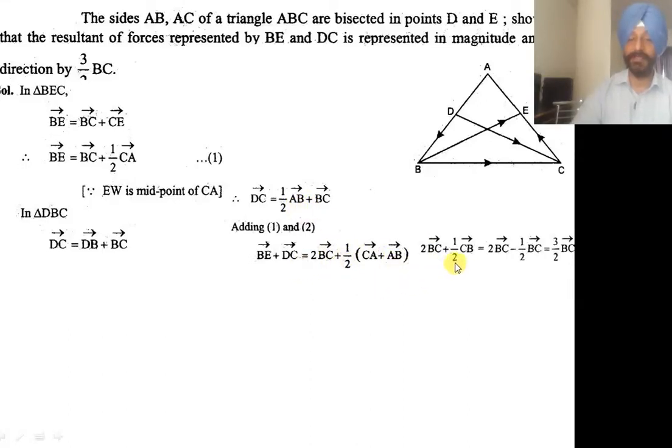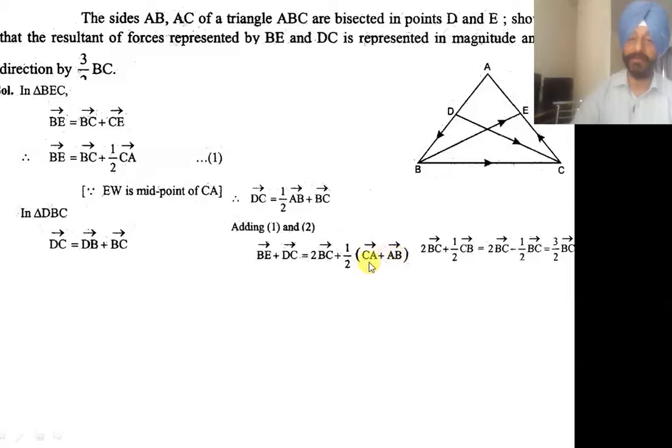Now just see, 2 BC plus half of CA plus AB. CA plus AB is equal to CB, as A is cancelled.